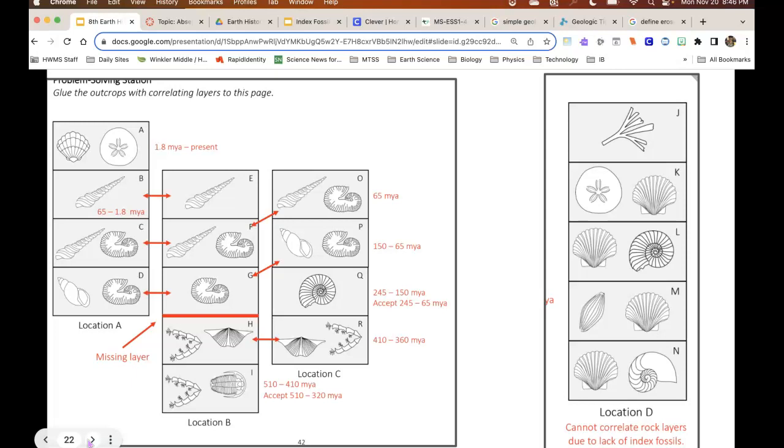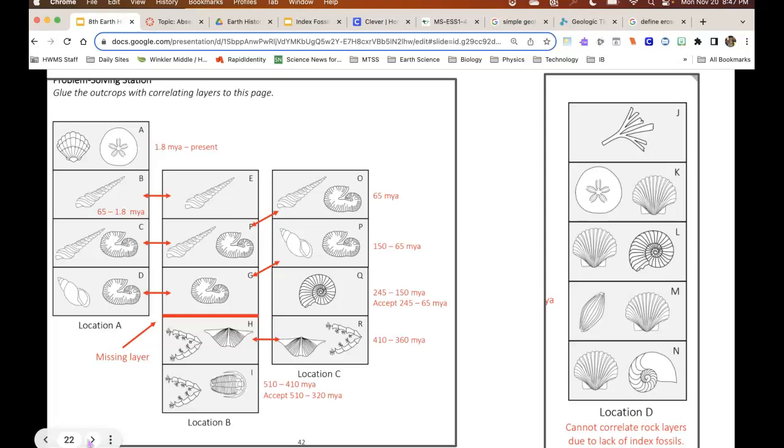If you know the time frame that the fossil lived in, then you know the time frame that the layer of rock was formed. So if you know the time frame the fossil was in existence, then you know the time that the rock layer was formed. Also, like on location D, our outcrop on location D, there are not any index fossils there.